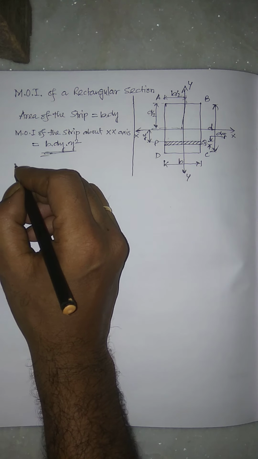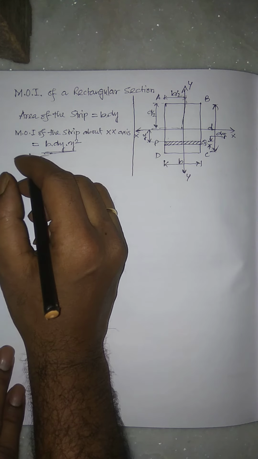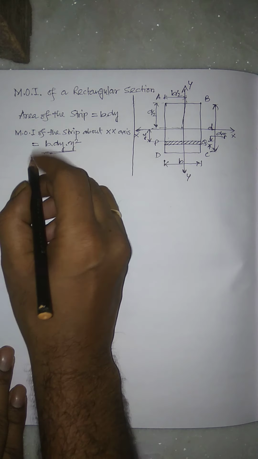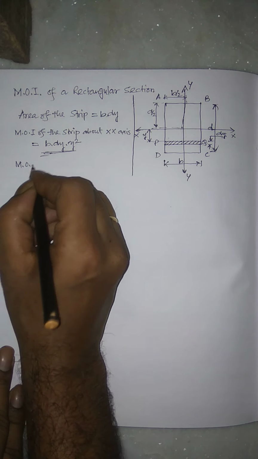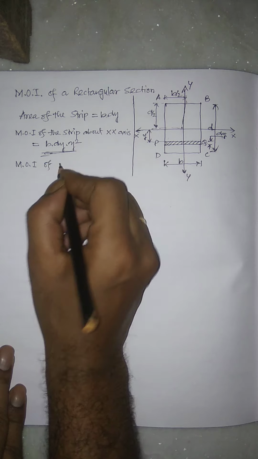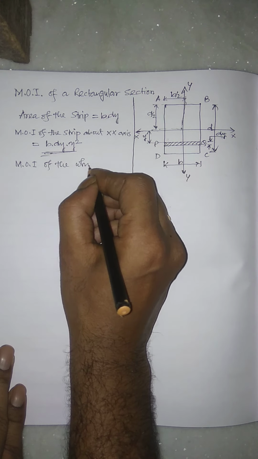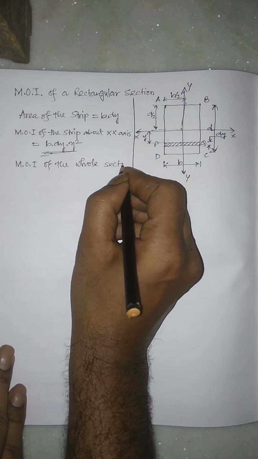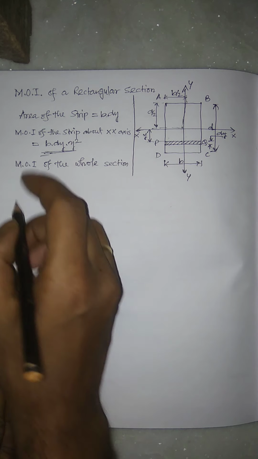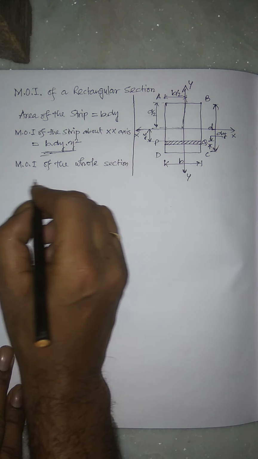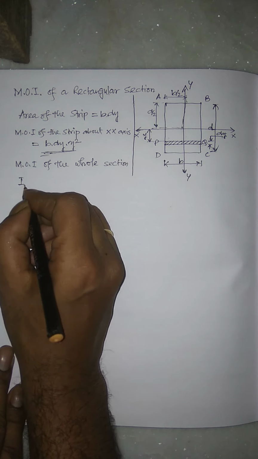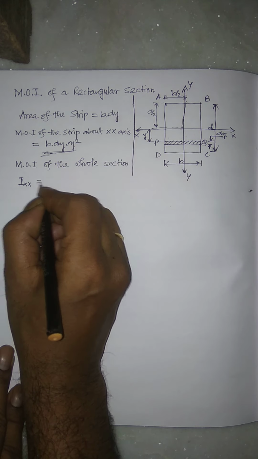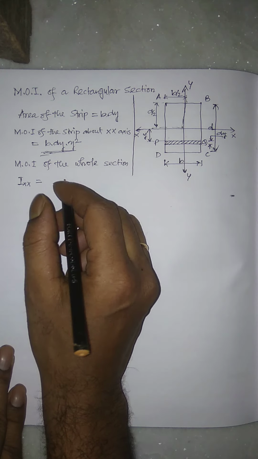So the moment of inertia of the whole section should be denoted by Ixx, that is moment of inertia with respect to the x-axis.